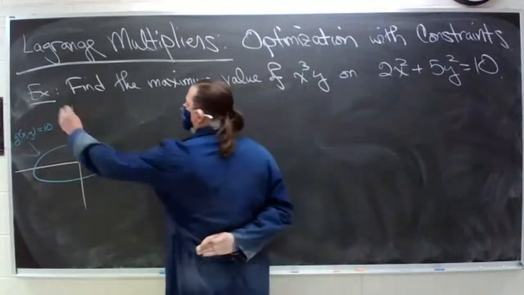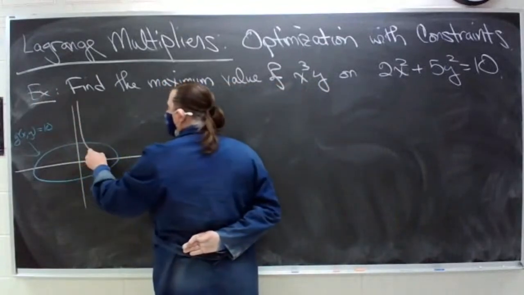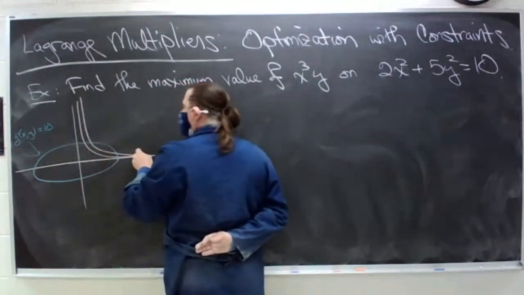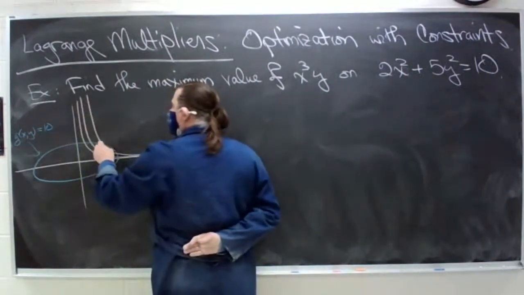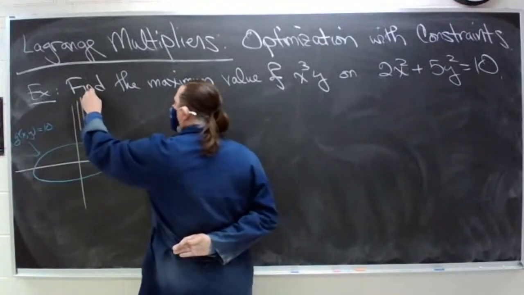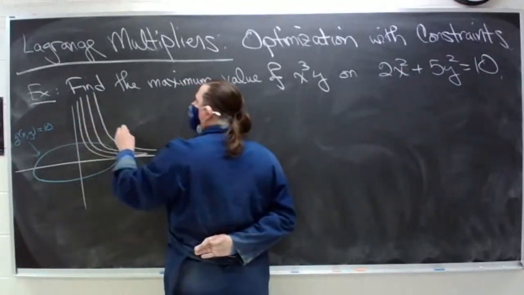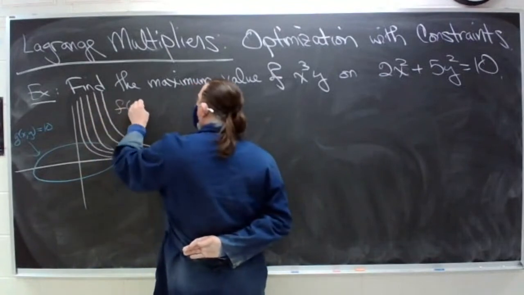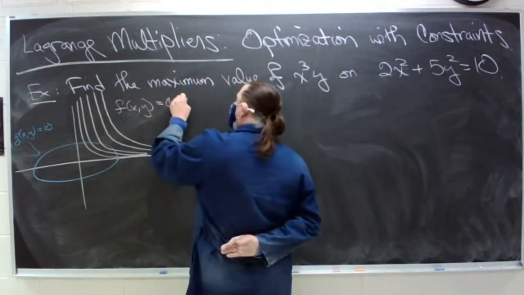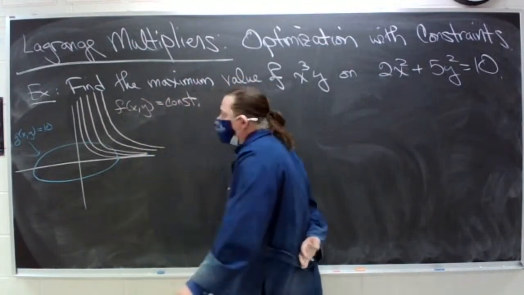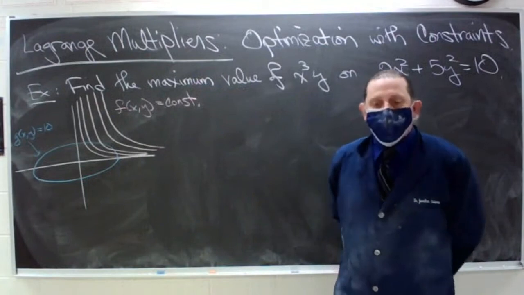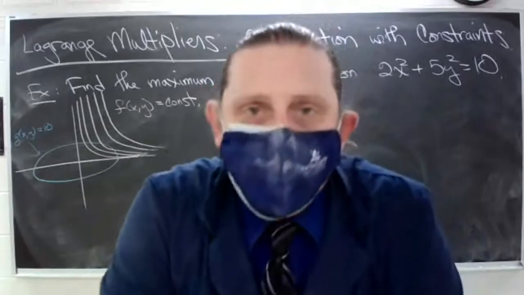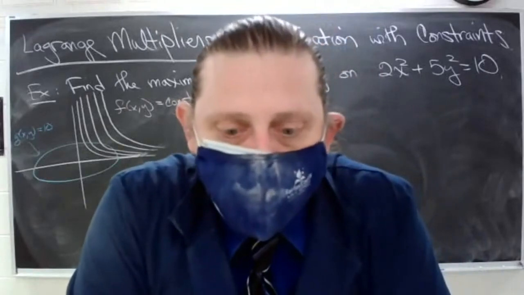So they'll look like this. All right? As I go away from the axes, the value of the constant gets bigger.